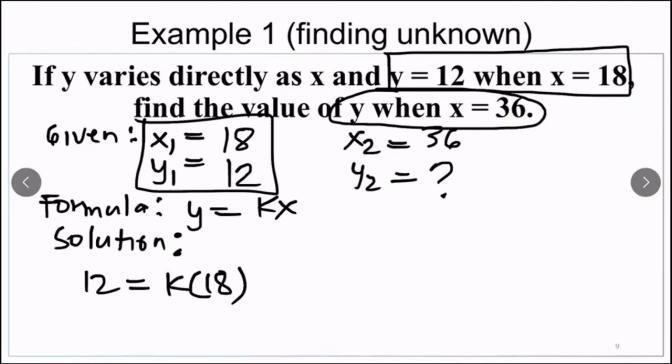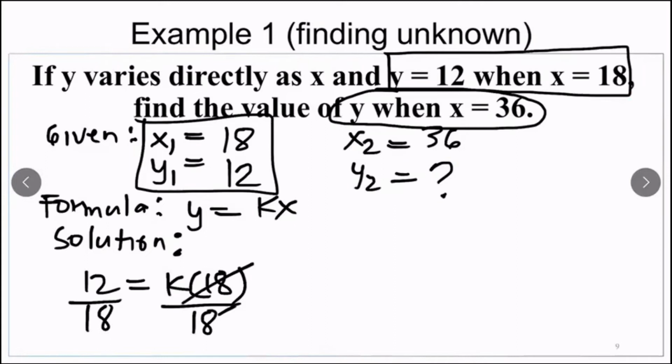Next, after substituting the values of x sub 1 and y sub 1, we will now identify k by removing 18 beside k. Just like the process that we did a while ago in identifying k, we need to divide both sides of the equation by 18 for us to remove 18.